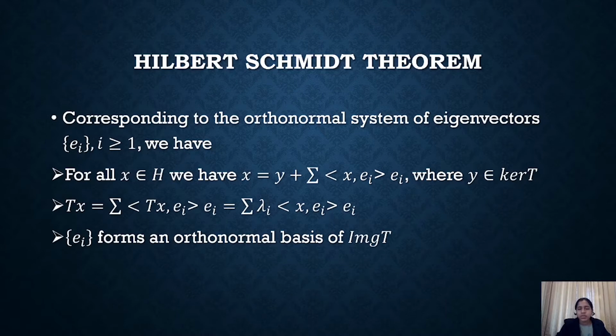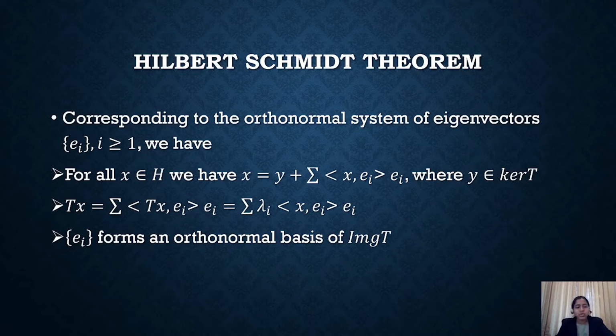If you treat the coefficients as constants, or as scalars, it is actually a linear combination of the set of eᵢ. So for any element in the image of T, suppose T(x) is some value, say v, then v is a linear combination of elements of eᵢ. So clearly eᵢ forms an orthonormal basis of the image of T. The third point is clear from the second expression itself.